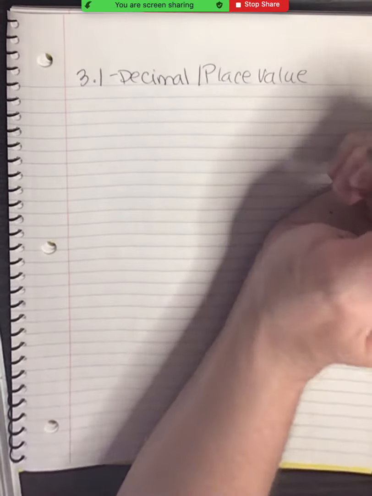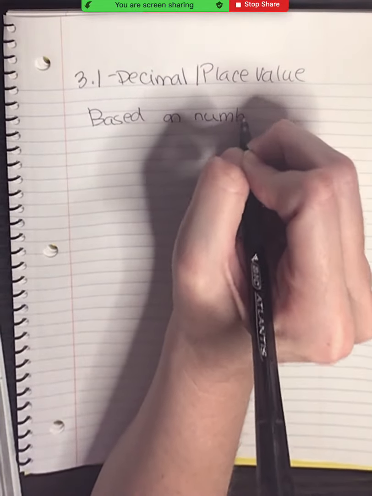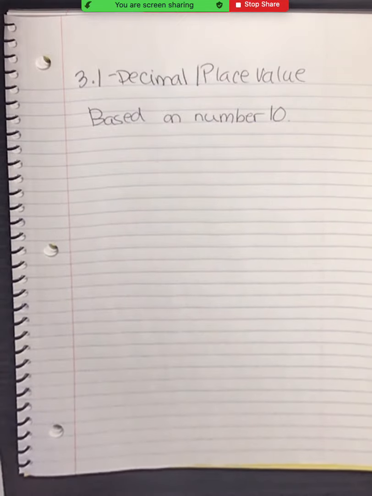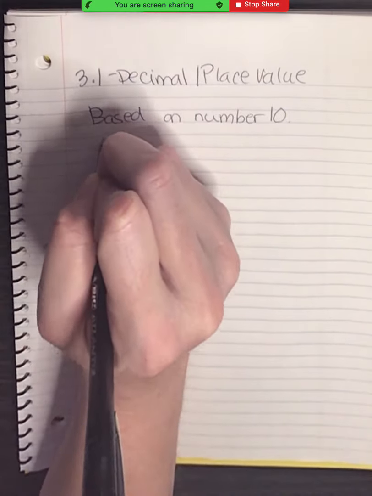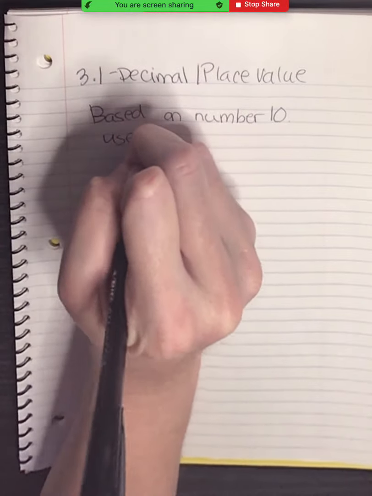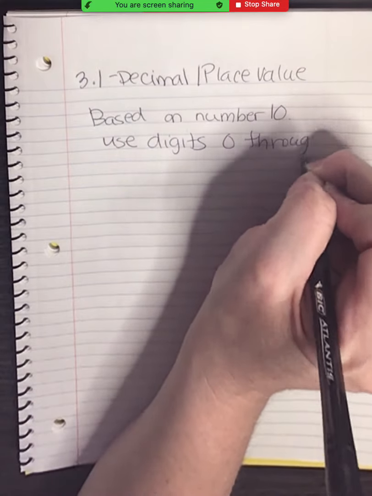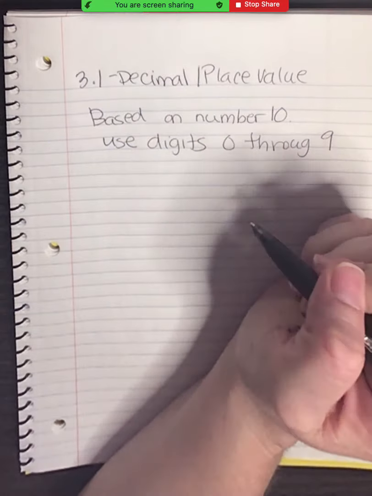Okay, so we use a decimal system, and it is based on the number 10. So what that means is that any number in our number system can be written using the digits 0 through 9. When you get to double digits, you're just putting 1 in each place.